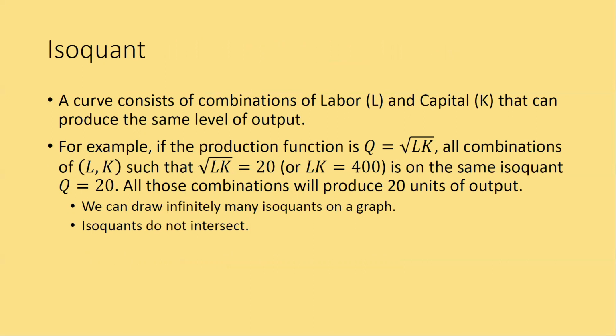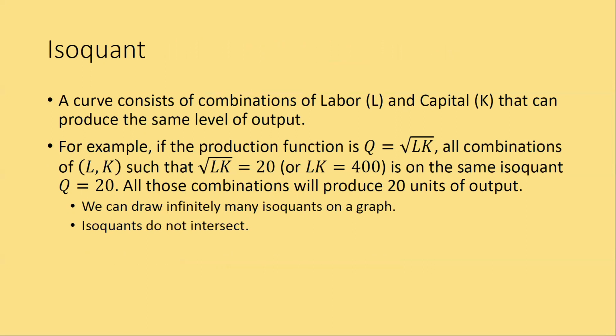So this is another concept that we can find an analogy to in consumer theory. The isoquant, I'm not sure if this is a new word to you. The way I understand this word is it has two parts, iso and quant. Iso means the same, and quant refers to quantity.